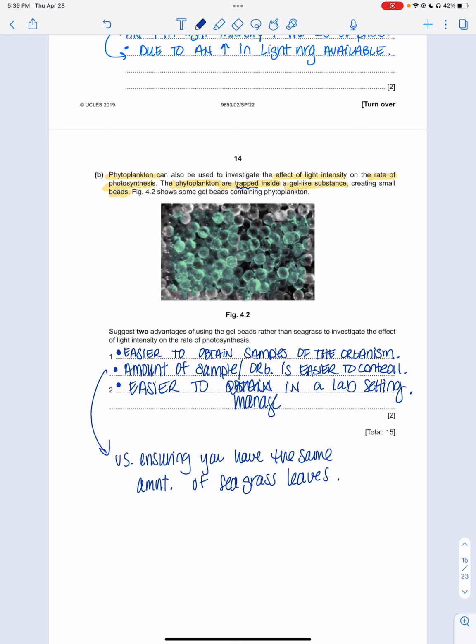They don't require as much care at all. Their environment, or better, their surroundings, are standardized, they're all the same. What's inside of the gel bead that surrounds them is all the same.